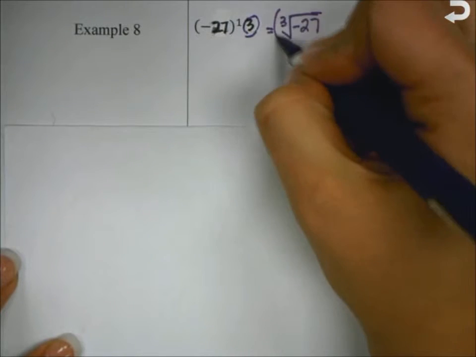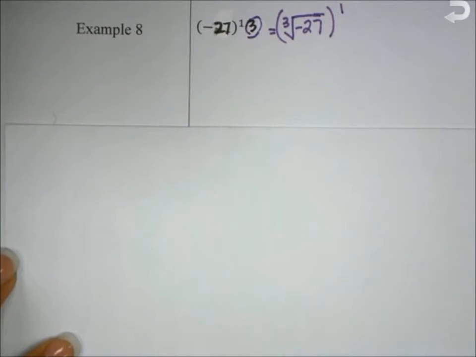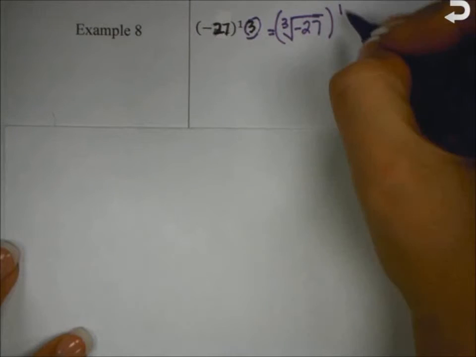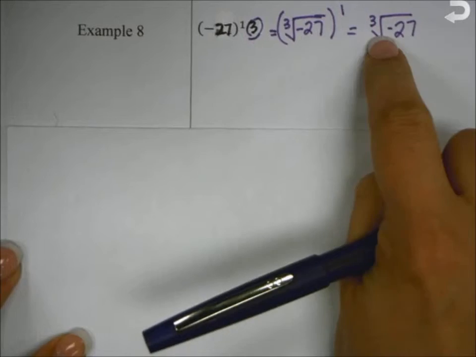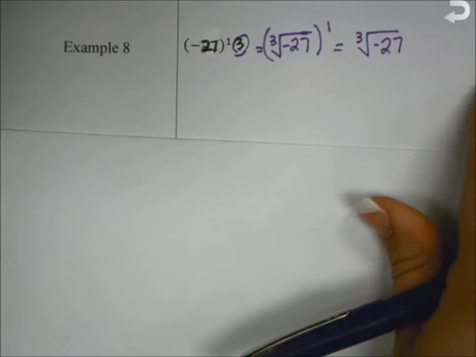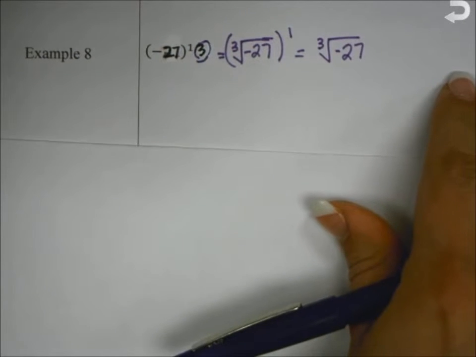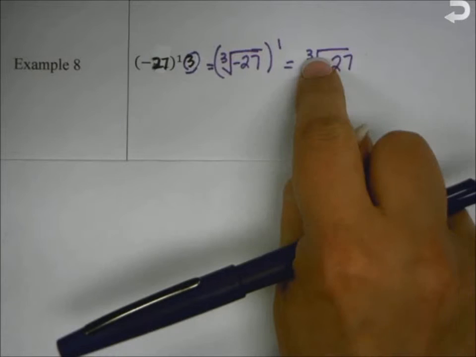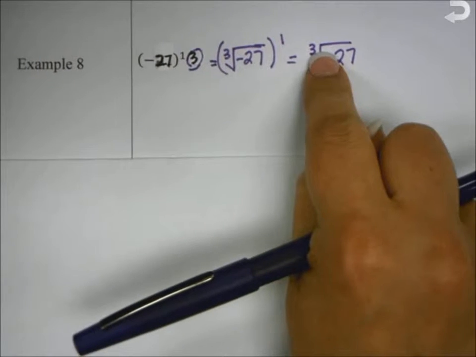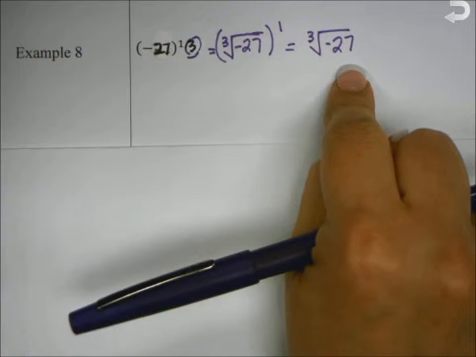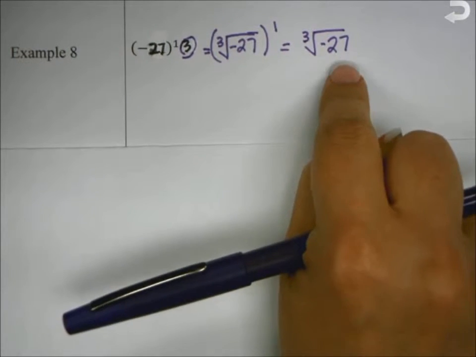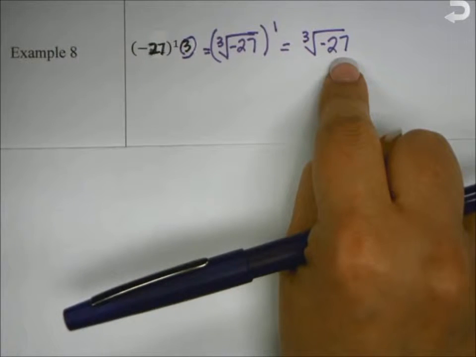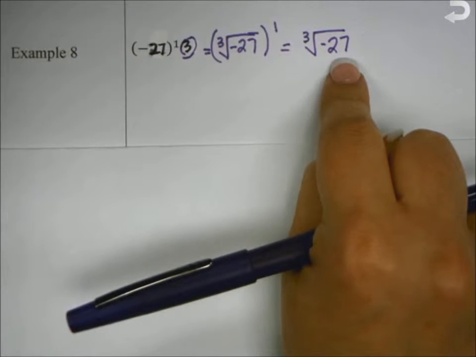So then I'm just trying to think of what number times itself gives me 27. Now I know this one just off the top of my head, it's going to be negative 3, but let's test it. So negative 3 times negative 3 times negative 3. Negative 3 times negative 3 is positive 9, times negative 3, and that's going to give me negative 27, which is what I was looking for. So the cube root of negative 27 is negative 3. All of that was being raised to the first power, so I'm done here.